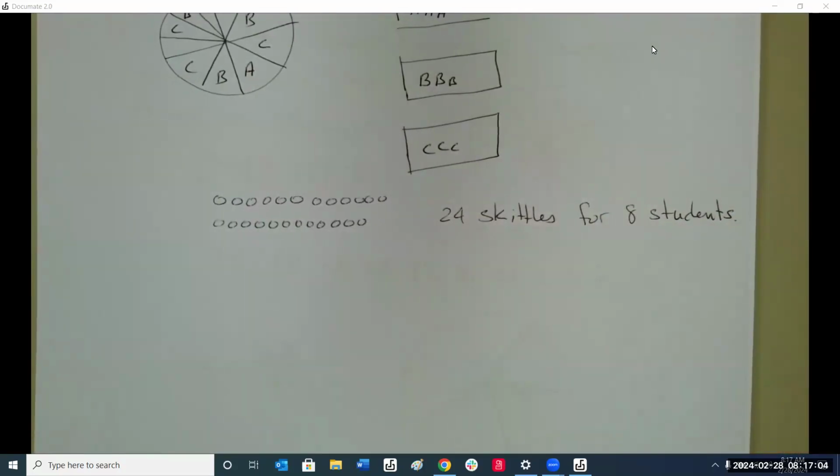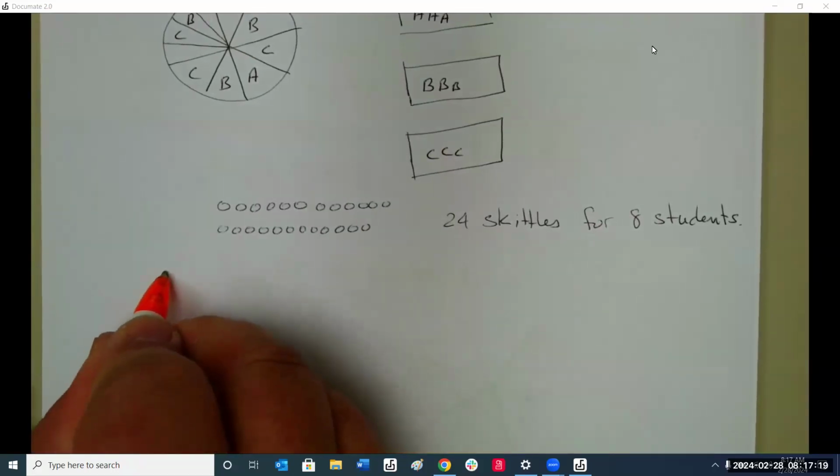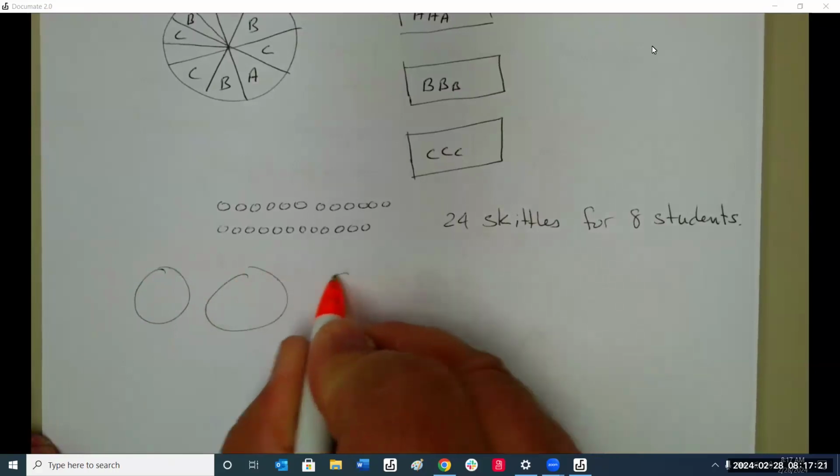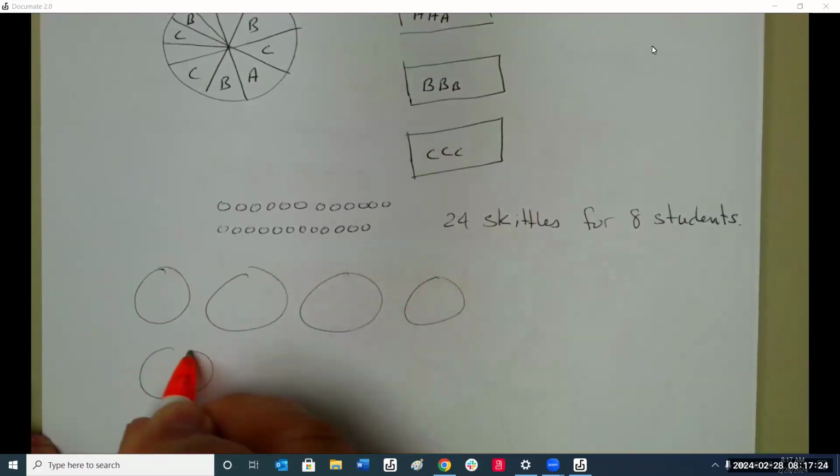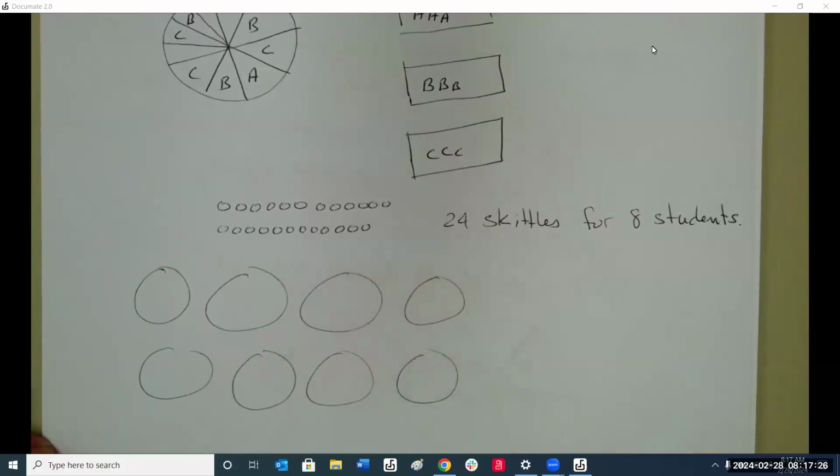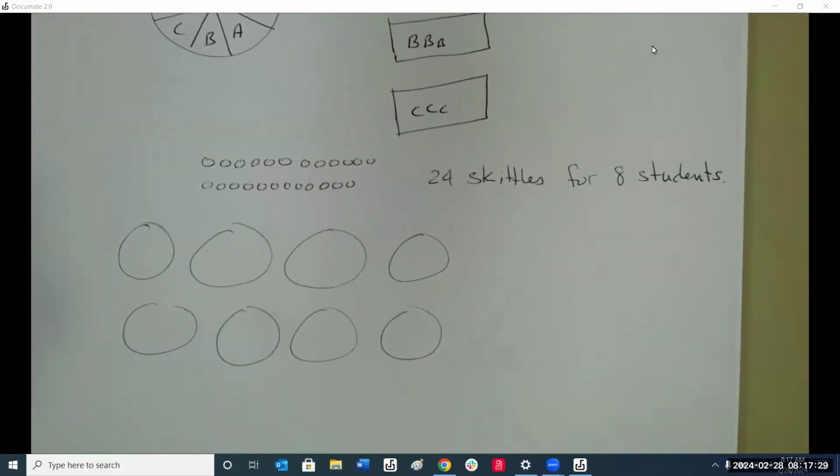How would the students figure out how many each person gets? The way the kids would do it would be you have 8 students, 1, 2, 3, 4, 5, 6, 7, 8. If they were fair students, they would start putting 1 to each student and then keep on going that way. That's one way of doing it.